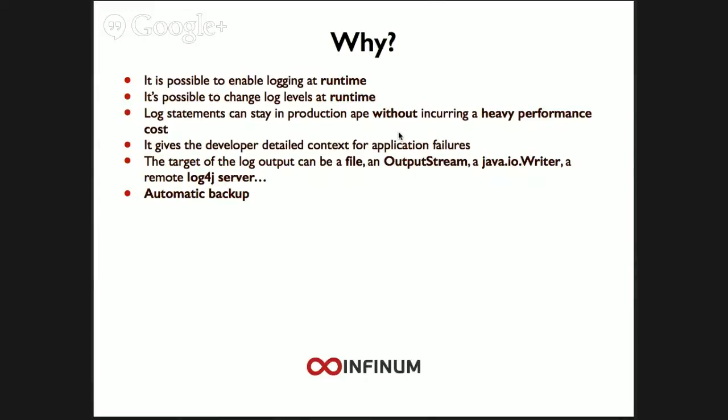Of course, I don't know if that's smart, but you won't have any performance issues if you just leave it there. It gives you detailed context for application failures. And the target of the log output can be a file, an output stream, a writer, or some kind of remote server. It gives you the ability to automatically back up the log file, and you can choose how many backups you want.